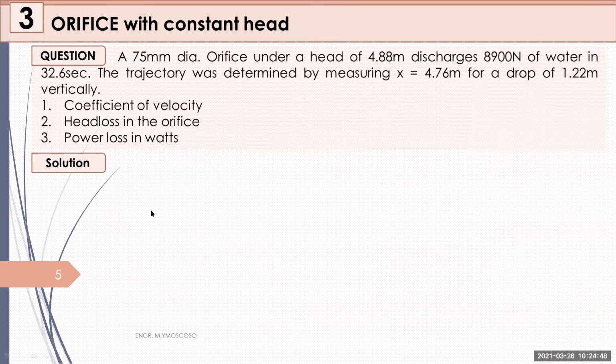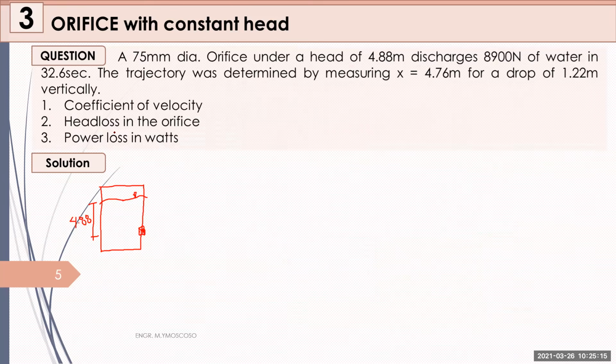So sabi dito, you have a 75 mm diameter orifice under a head of 4.88. So drawing natin. So yan. So meron na tayong orifice attached dito. So the head is 4.88.